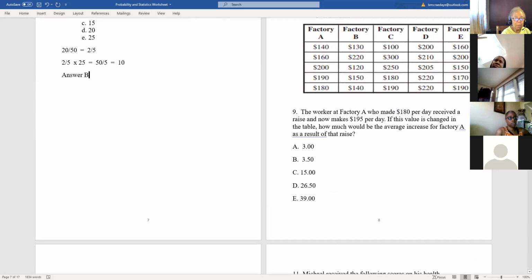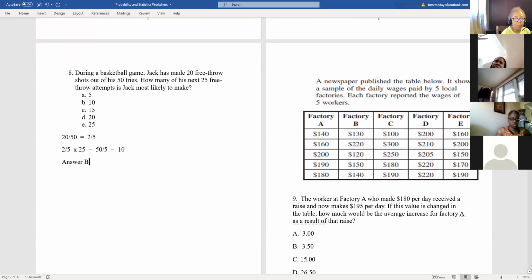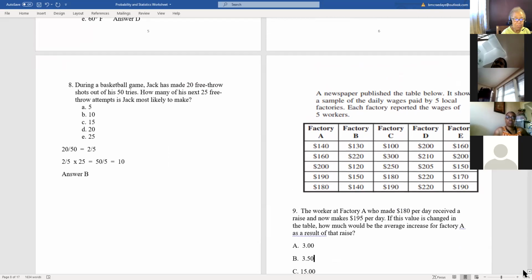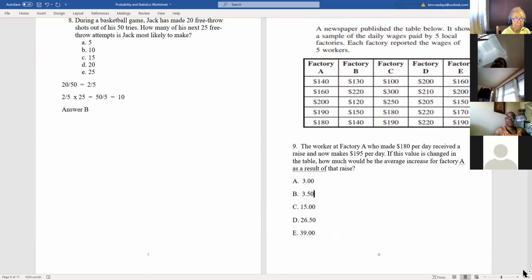Okay, number 9, there's a table. Let me bring this down. Can you see number 9? Yes. Okay, so there's the table. It shows a sample of daily wages paid by 5 local factories, and they reported the wages of 5 workers.